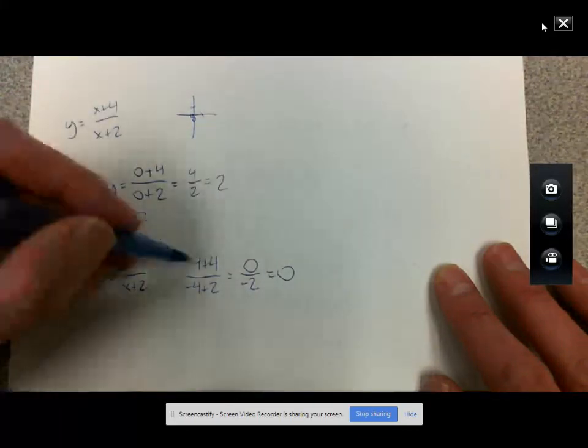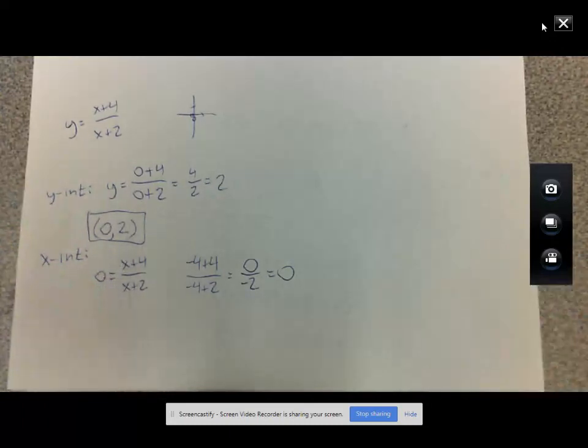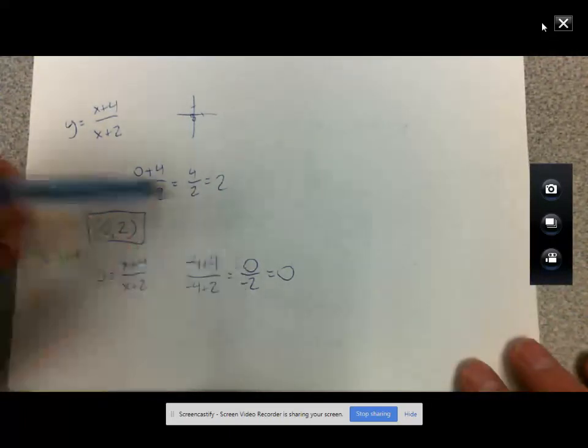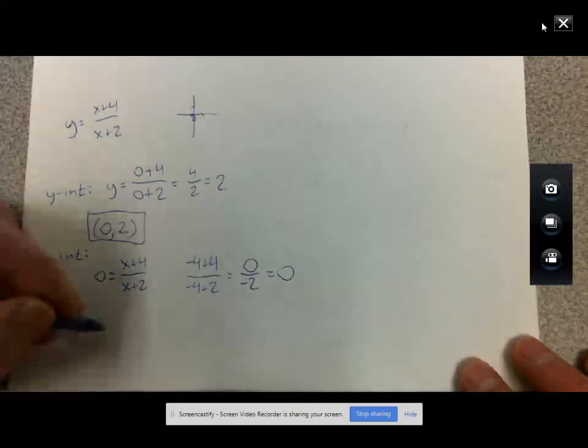So x would have to be negative 4. So you can do a little bit of guess and check. You could look at the problem and decide what would make the numerator 0, and just double check that you don't end up with 0 divided by 0. That would be an issue. Otherwise, you're pretty much good to go. So x would be negative 4 in this case, and our x-intercept would be negative 4, 0.